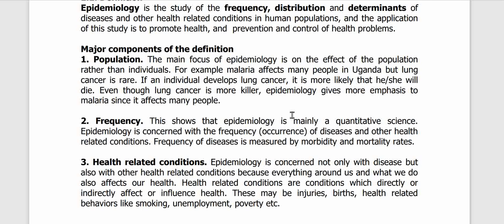When I talk of morbidity, I am referring to illness. When I talk of mortality rates, I am referring to death rates. So to determine the frequency of a certain disease, we have to look at the morbidity and mortality rates always.